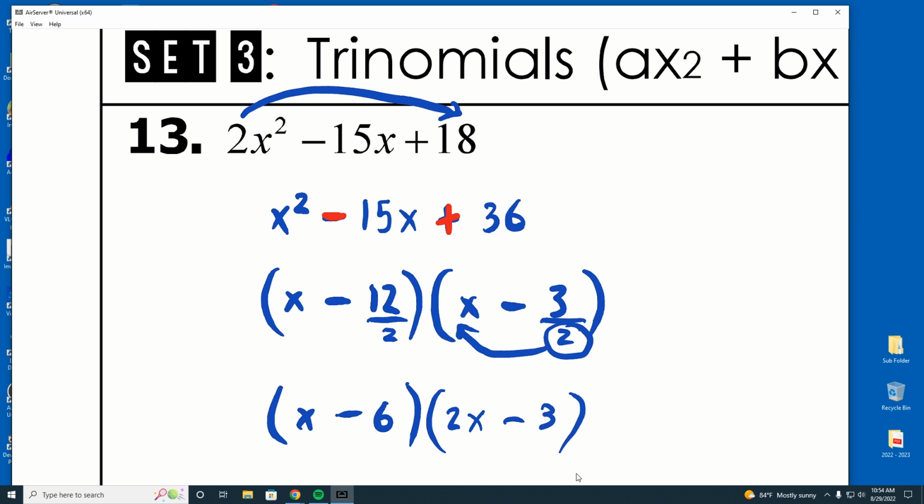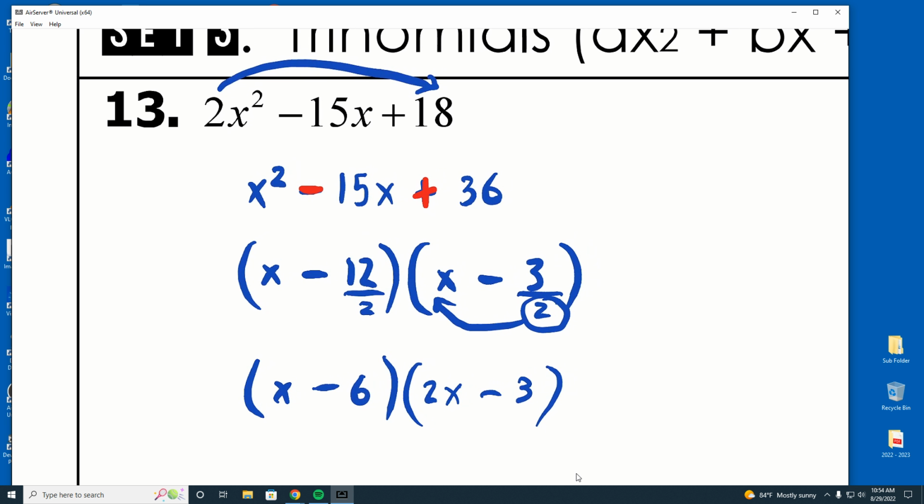I'm not sure I follow. Why can't you divide the negative 15? You can divide 18 by 2, but negative 15 divided by 2 would be 7.5. But 7.5 can't be one of your factors. No, we're not going to have decimals as factors.